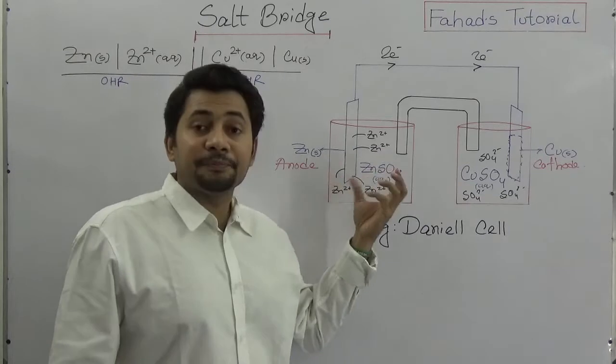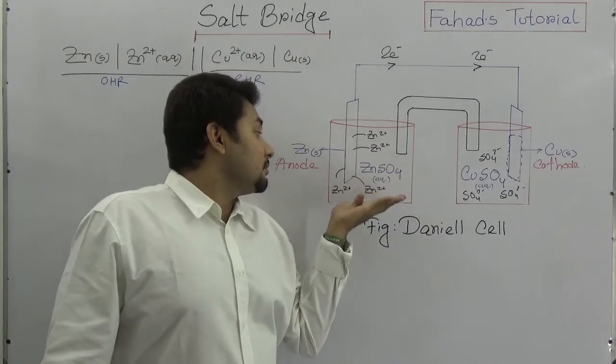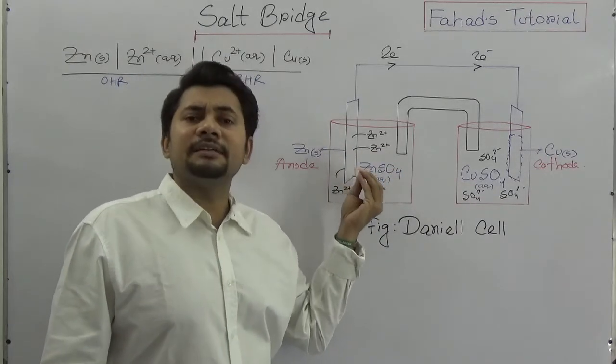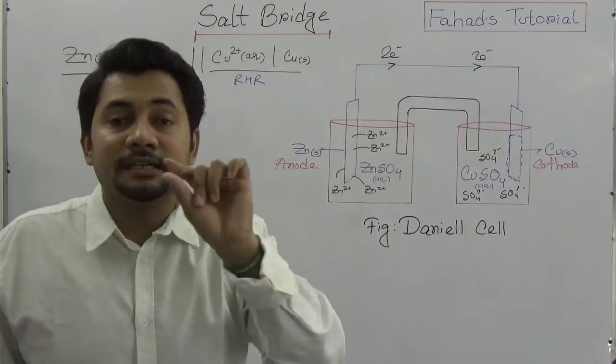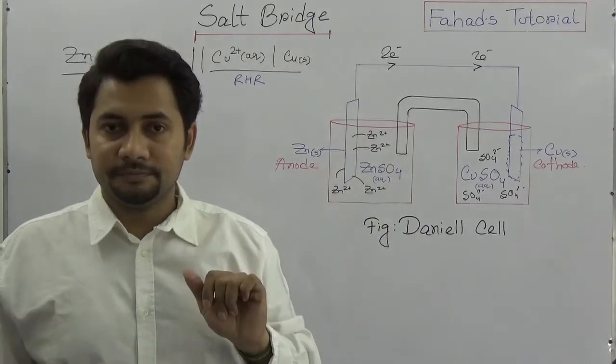So why do we use the salt bridge? Because after some time, when zinc 2 plus ions increase in the zinc sulfate solution and sulfate ions increase in the copper sulfate solution on the other side, it stops the flow of electrons.